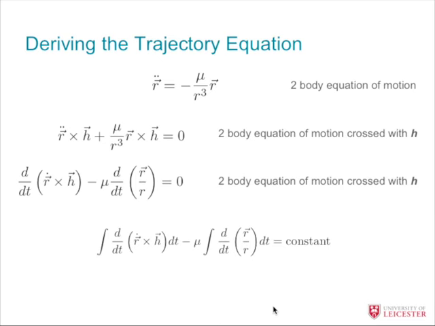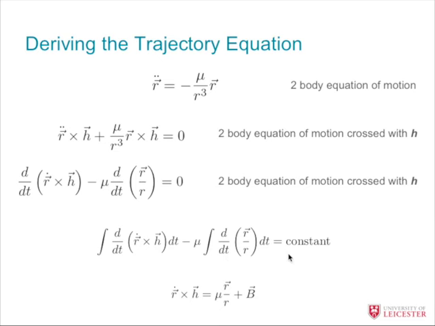If I integrate those terms with respect to time, I know that I'm going to get a value which is a constant because the differentials are 0. So I'll do that integration and I end up with a term in r dot crossed with h, and a term in mu vector r over r.